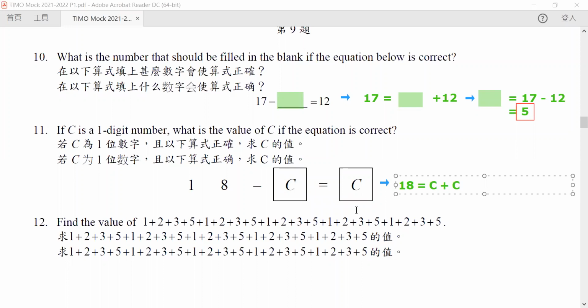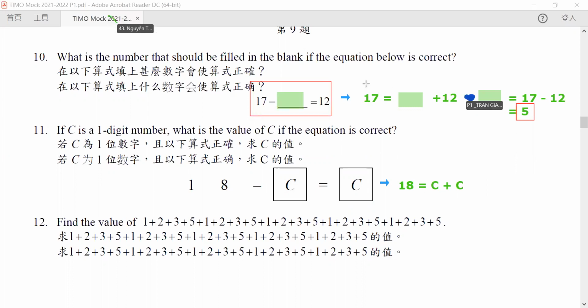Now, just like this, in here, we know that our 17 minus our blue number is equal to 12, and hence our 17 is equal to our blue number plus 12. And like this, because our 18 minus C is equal to C, so our 18 is equal to C plus C, but this is also equal to 2C.